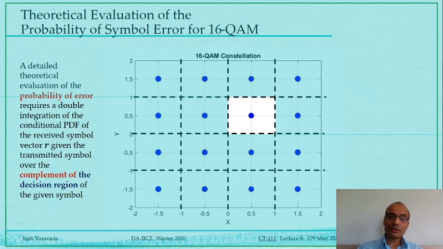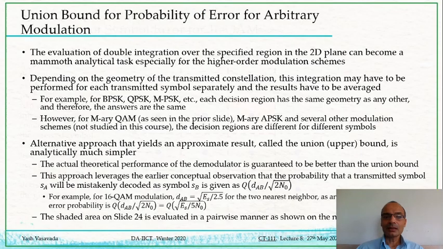So the probability of error evaluation for higher order modulation, for complicated modulation schemes, becomes kind of challenging. It becomes an analytically difficult task. Sometimes it is not. For example, for BPSK, for QPSK, this analytical evaluation, at least if you knew the two-dimensional Gaussian PDF, is probably not a big deal. But in general, we want to get to a simpler answer, something that we can very easily evaluate.